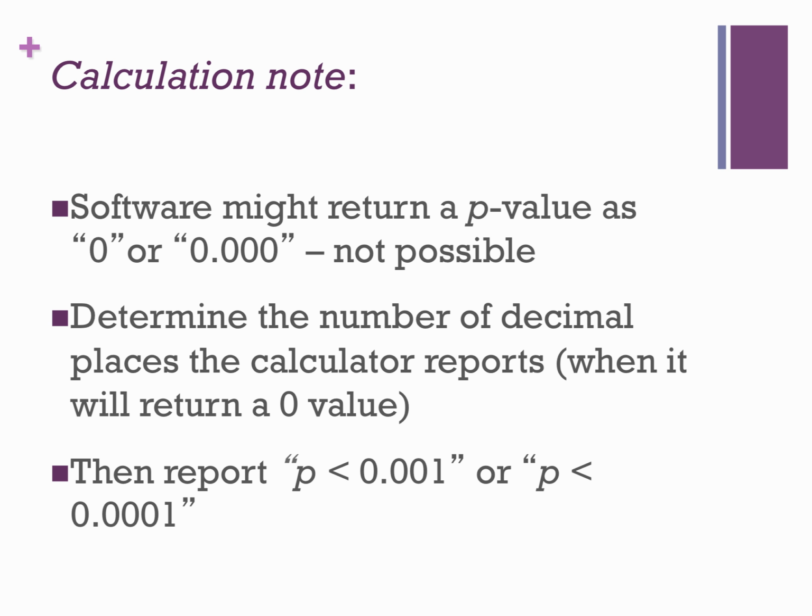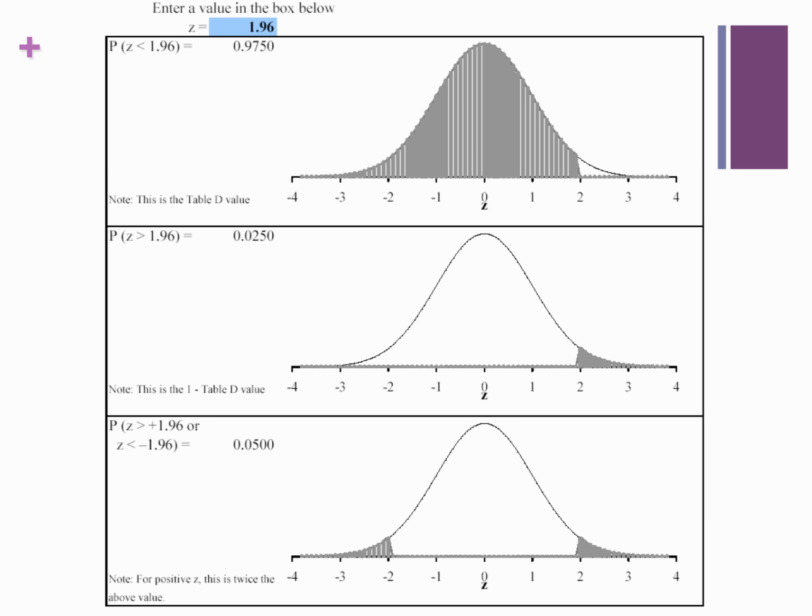A calculation note: software or calculators may return a p-value as 0 or 0.00. This is not possible. If you'll notice, in these figures, the curved line never actually touches the axis. This is what's called an asymptote. It is a calculus term. But what it really means is that no matter how small, even approaching infinity or negative infinity, the probability of observing a number that extreme still exists.